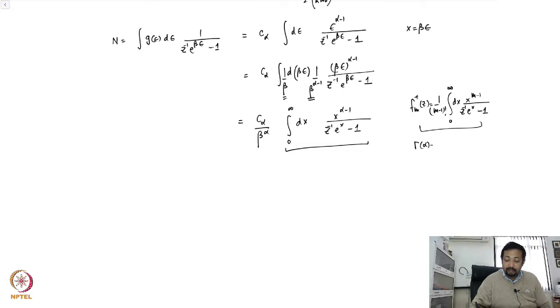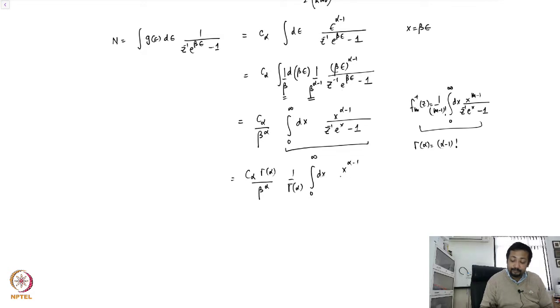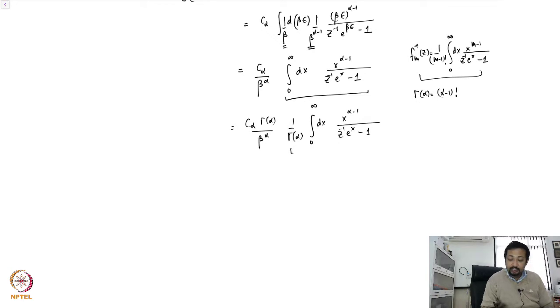I know that Γ(α) is (α-1)!, so I bring in a Γ(α) in the numerator and a Γ(α) in the denominator. This is now f_α^+(z), so the particle number is given by C_α Γ(α) β^(-α) f_α^+(z).